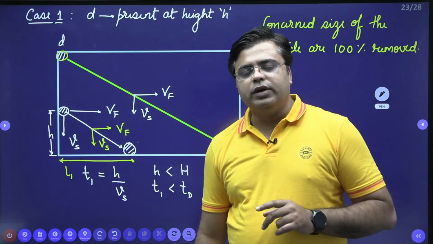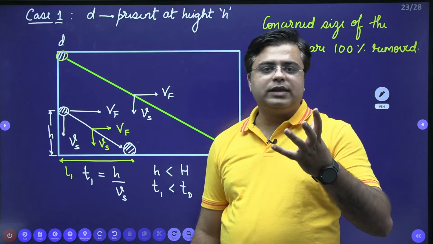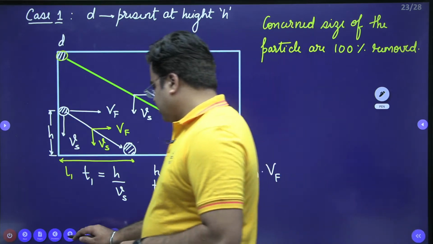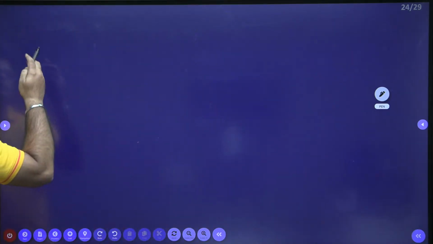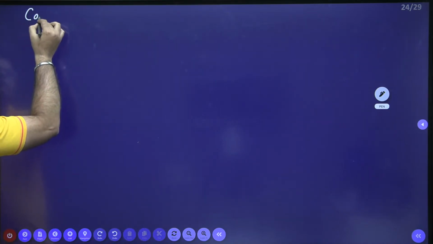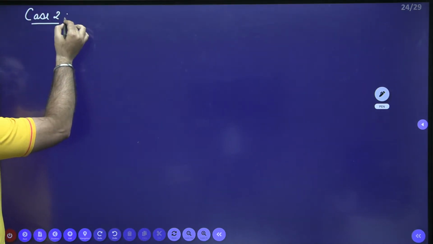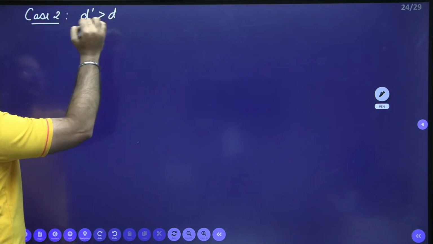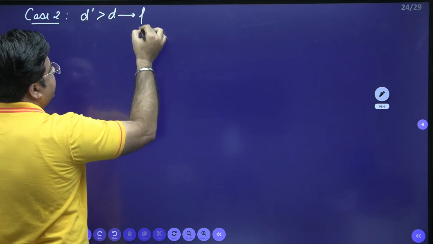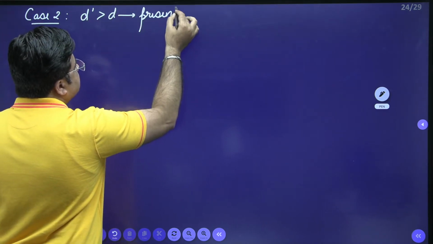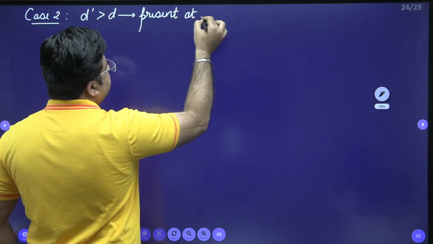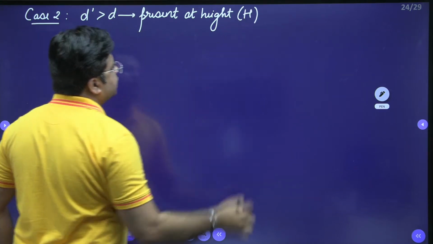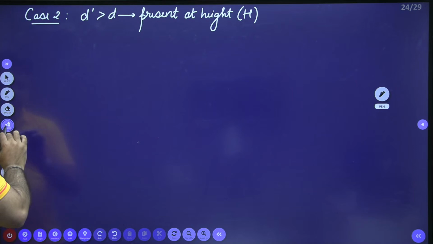Now case number 2 is, I will take a larger size of particle which has size more than the concerned size. Larger size of particle d dash, which has more size than the concerned size, present at height capital H. Okay. So again I draw this tank.